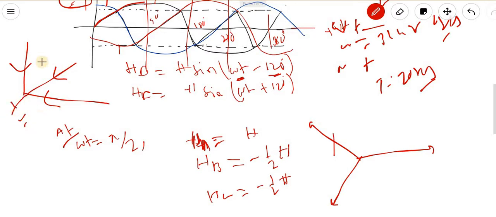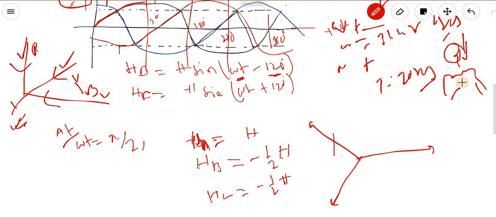Okay, flux. So here from R, from Y, from B, R Y B, we are getting flux from this R phase, from Y, from B, and we will be getting the resulting flux. But in case of current, it is individual for each coil: current is flowing for that particular coil. So current and flux are different things.